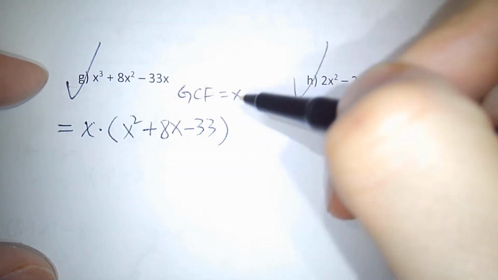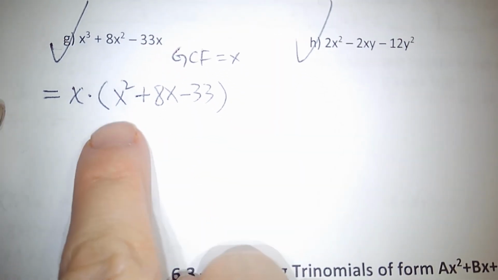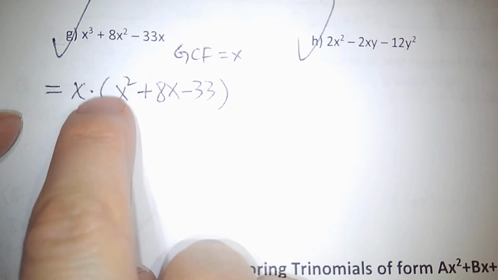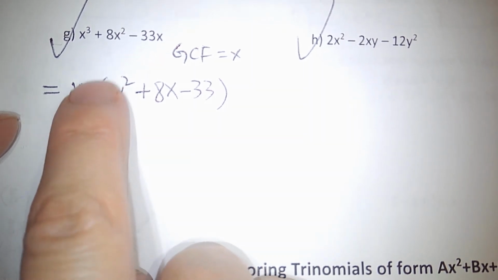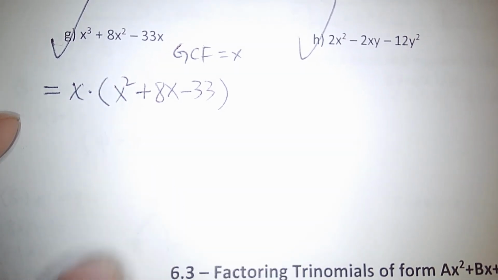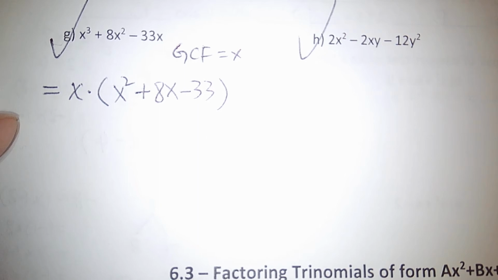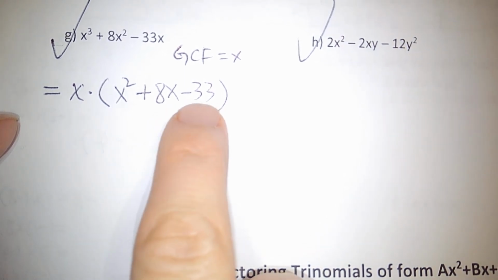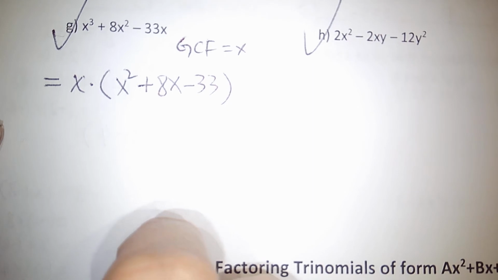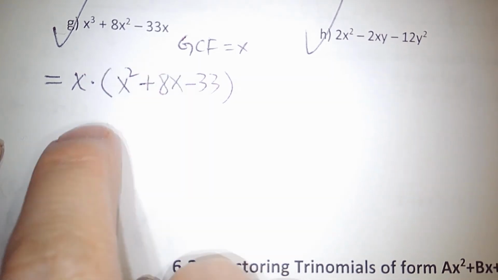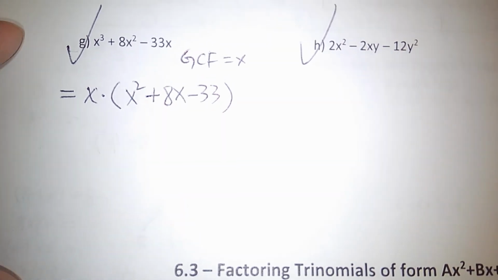Yes, negative 33. Oh, see, this trinomial has a coefficient of the squared term equal to 1, right? So are we able to use the guess and check method? Yes, we are. So factor the negative 33, give it a try, please, and see how we can factor this trinomial.